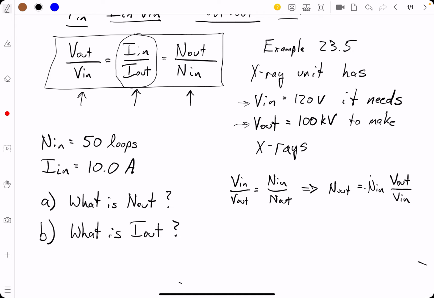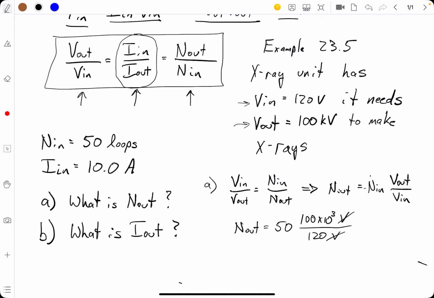Okay. So all we have to do is plug in the numbers. N out. This is for A, by the way. So N out is equal to N in. We know what N in is, 50 loops. So we're going to take 50. We've got V out. So that's 100 times 10 to the 3 volts. And in, we've got 120 volts. So our volts can cancel.